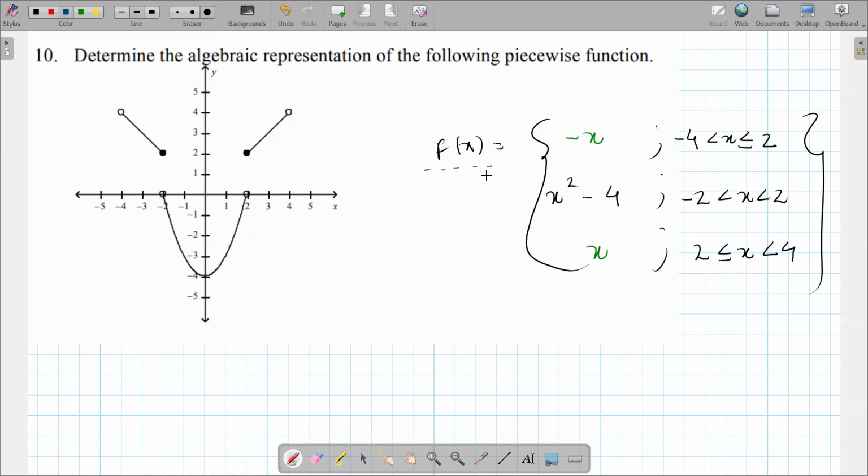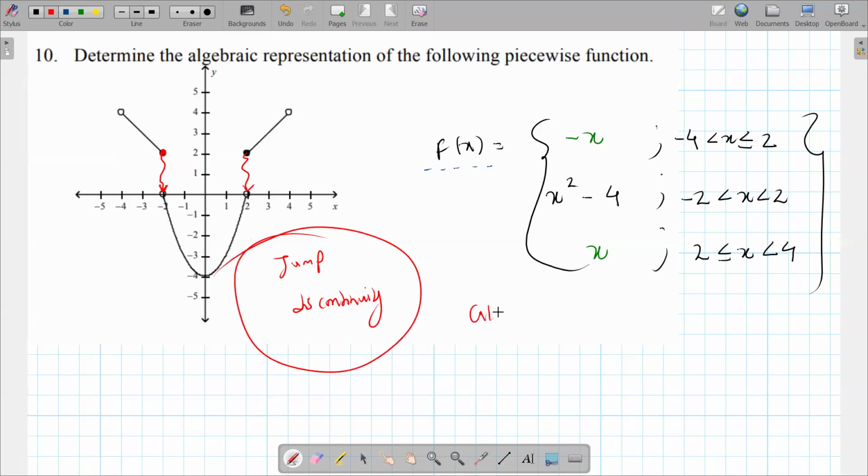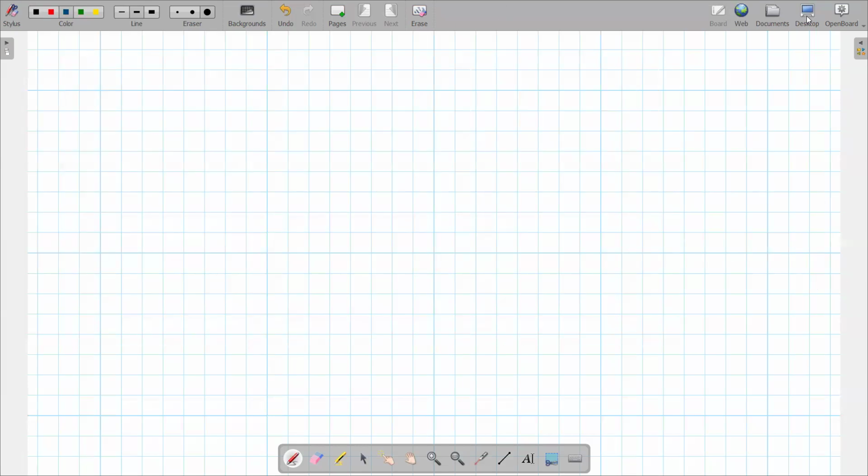It's called a jump, okay? Because you were here, right? And then you randomly teleported here. Teleporting is called jump discontinuity. That would be relevant in the calc course, not so much for the functions course.